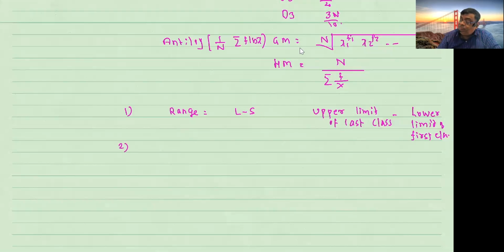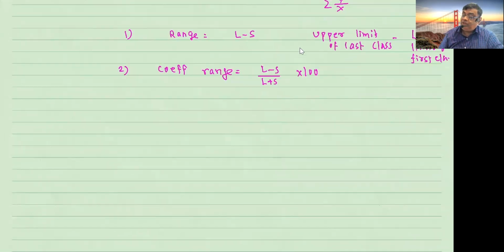Then remember coefficient of range. Remember coefficient of range is nothing but L minus S over L plus S और into 100 किया तो percentage मिलता है. Then I consider quartile deviation, which is nothing but Q3 minus Q1 and that by 2.